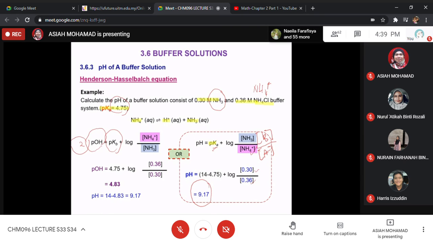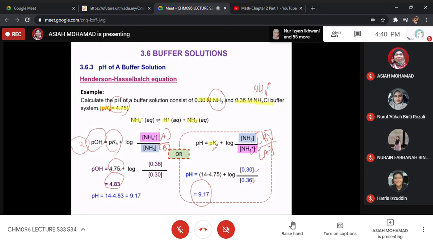So pOH is pKb plus log, where the upper part will be the acid species and the lower part will be the base species. pOH equals pKb, which is 4.75, plus log 0.36 of this ammonium over the concentration of ammonia. So you will get a pOH of 4.83.